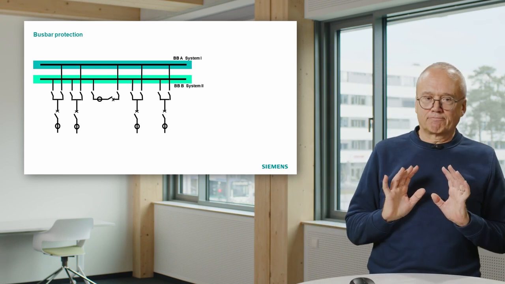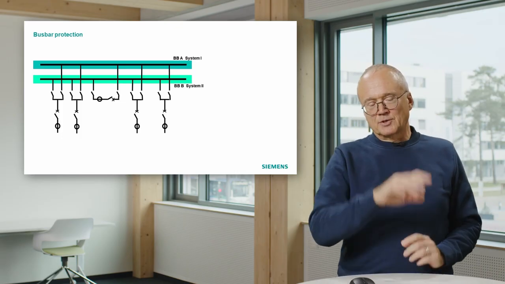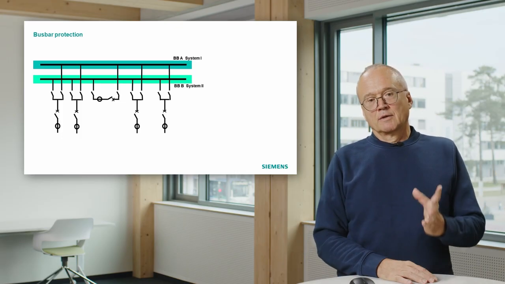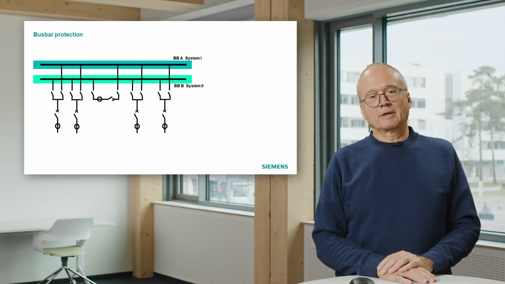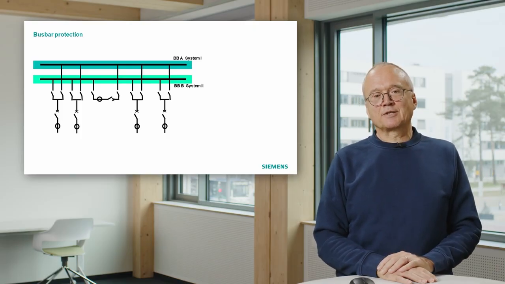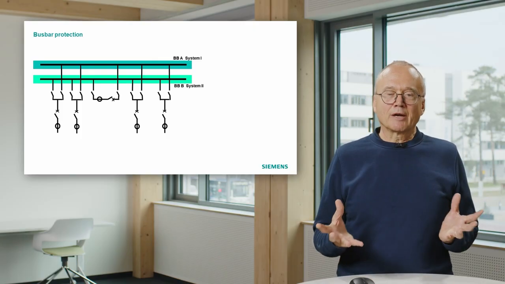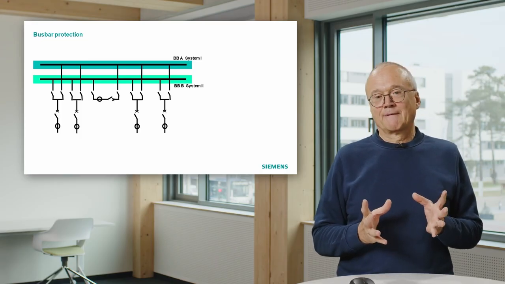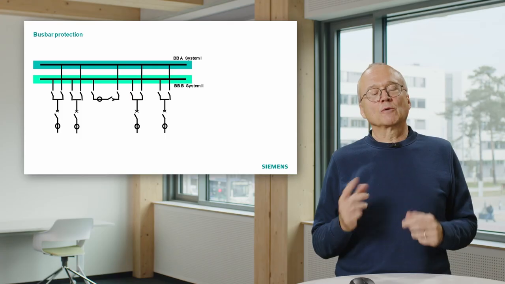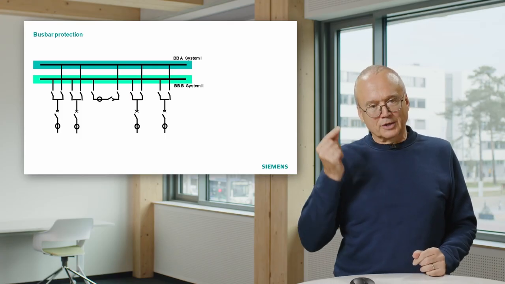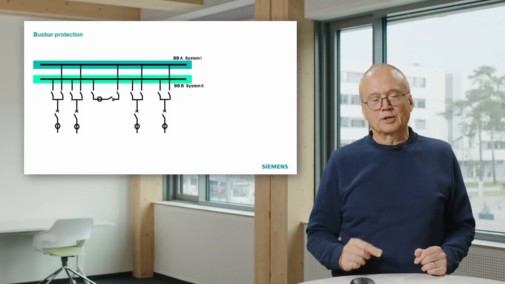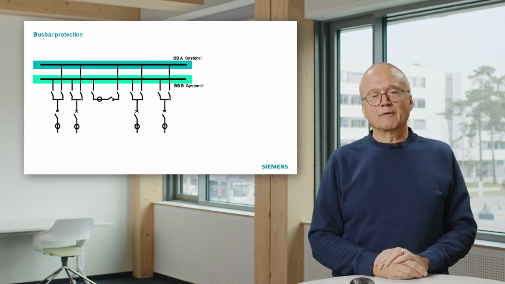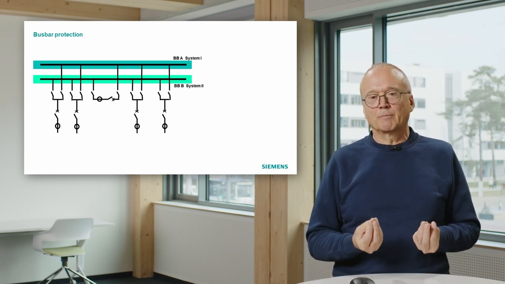That looks pretty trivial in such a small system, but imagine you have a bus bar, maybe you have a triple bus bar, you have 20 feeders. That means you have a lot of wiring and you have a lot of contacts, and you must also make up your mind what is going to happen if one of these contacts are somehow dirty, defective, or whatever, and you get the wrong topology information.